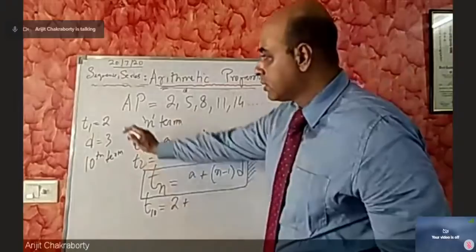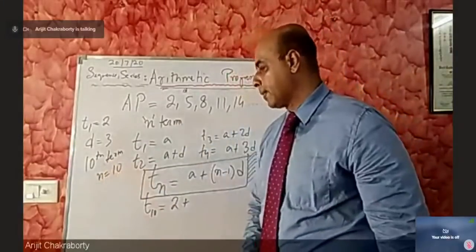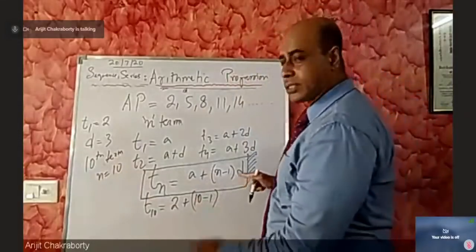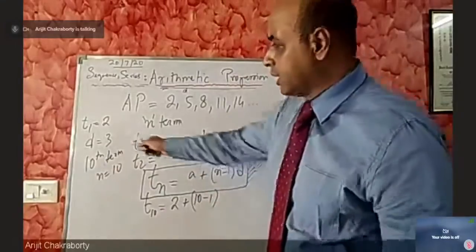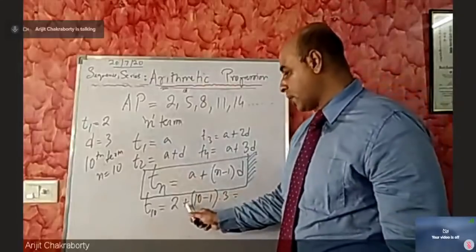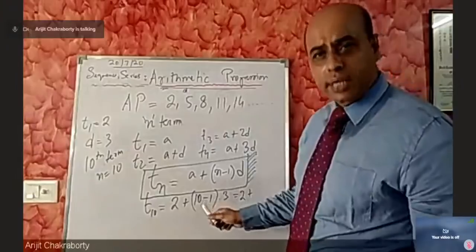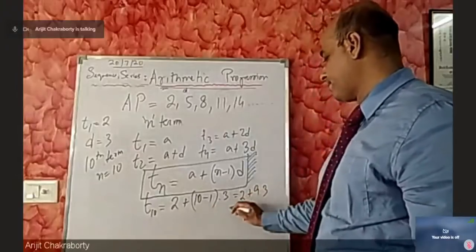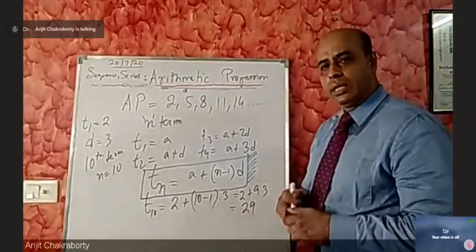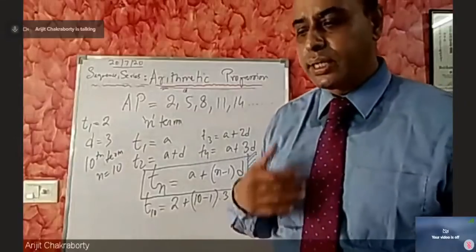Here n is 10, so 10 minus 1, into D, which is 3. That means 2 plus 9 into 3. 2 plus 27 is 29. So the 10th term will be 29.